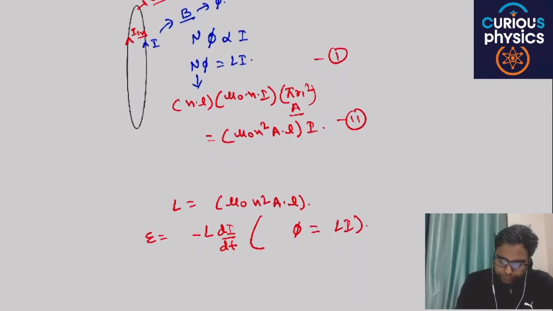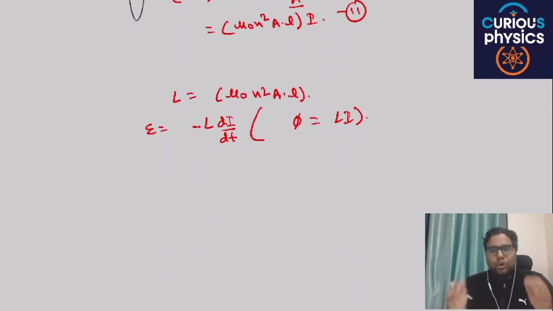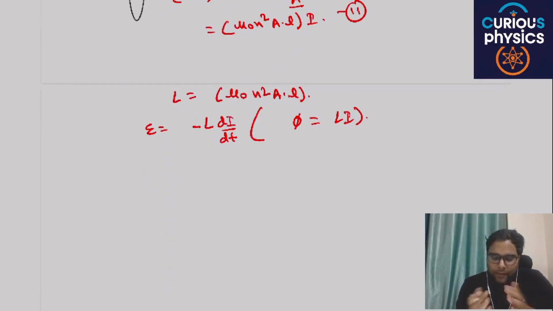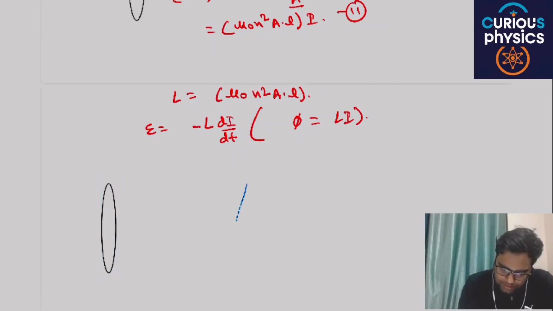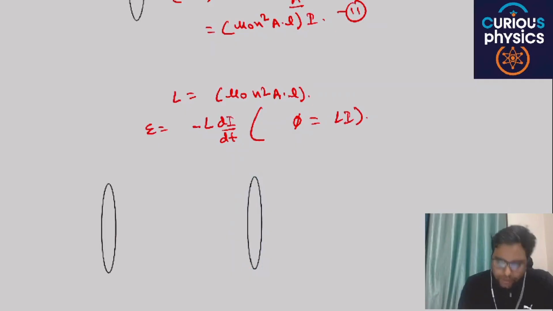Now, if you place two coils together and you have to find the value of induced EMF, let's say there are two coils. This is coil 1 and this is coil 2. Are you able to understand my point or not?